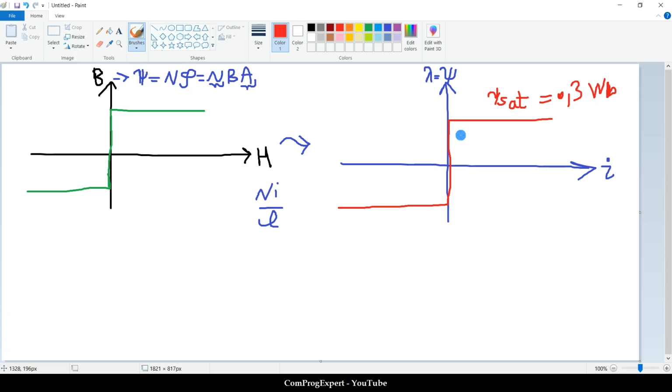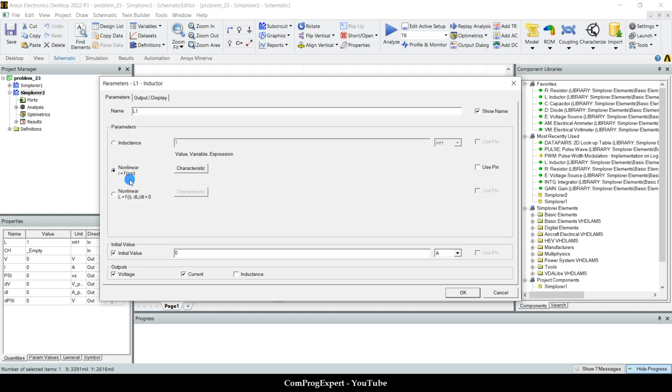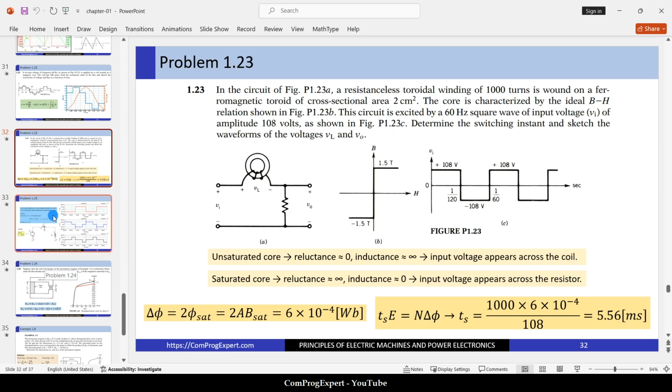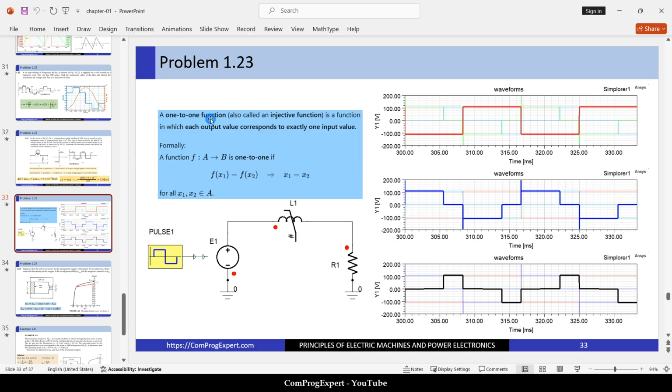So here is the case, but in this figure, the flux linkage is a function of I. In the software, we should specify the current as a function of the flux linkage. So if we have a one-to-one function, an injective function, we can change the order easily.